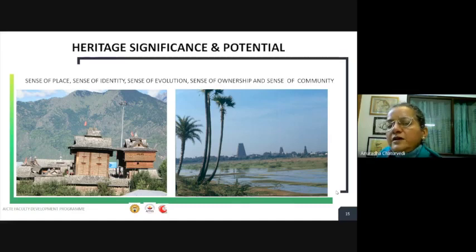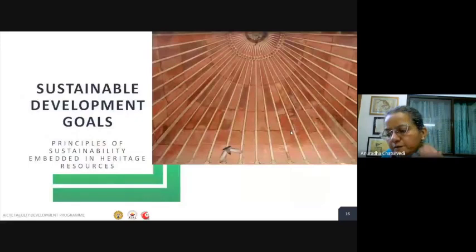However, in both cases, these heritage resources can be managed in such a way that they are able to contribute towards the achievement of sustainable development goals if integrated properly into the development process.